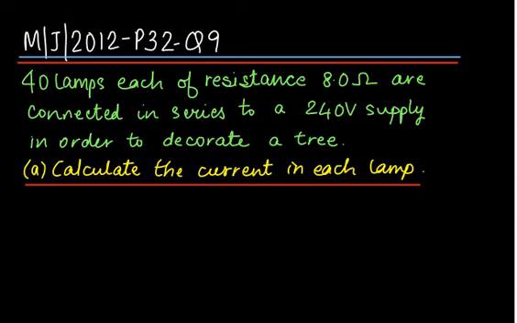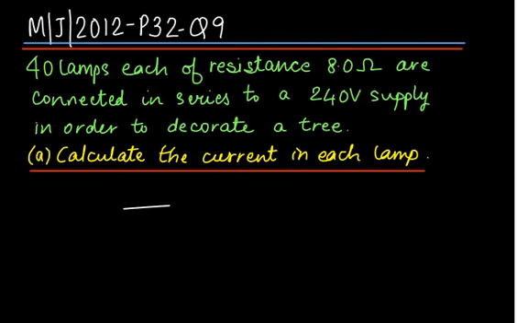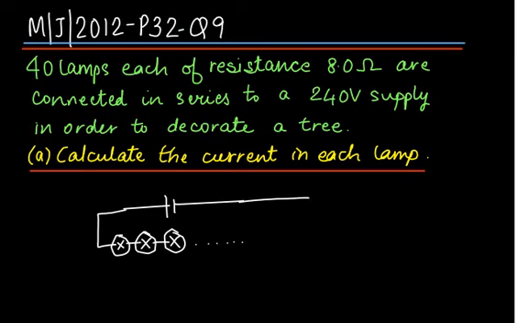So there's a power supply, and across the power supply, because it is in series, you will have lamp 1, lamp 2, lamp 3. In that way there are 40 lamps in series.